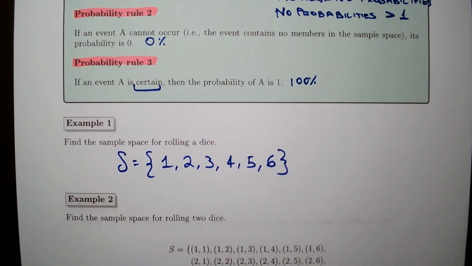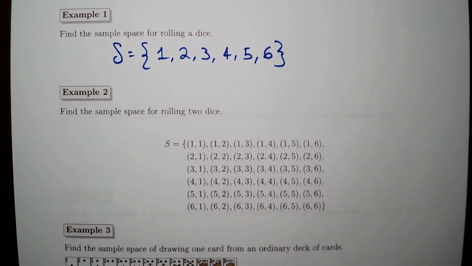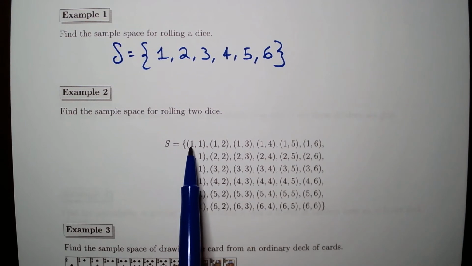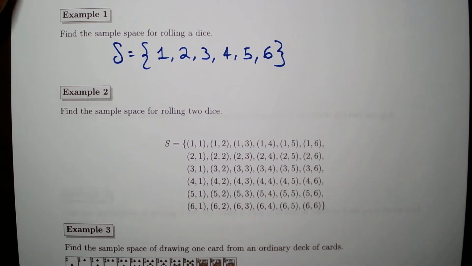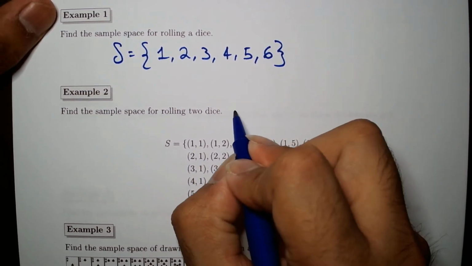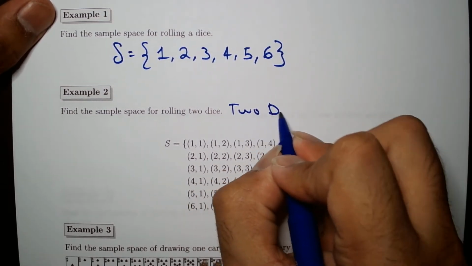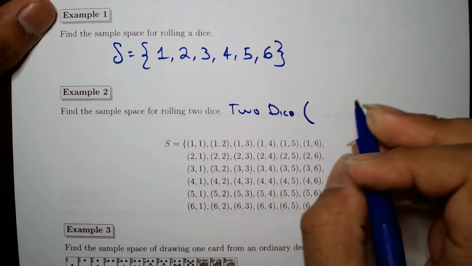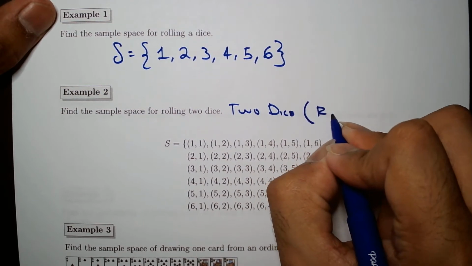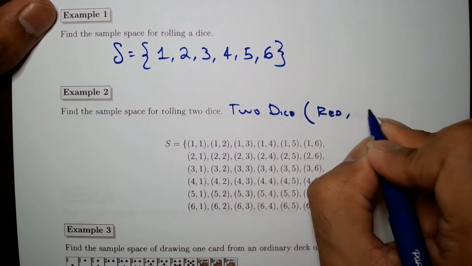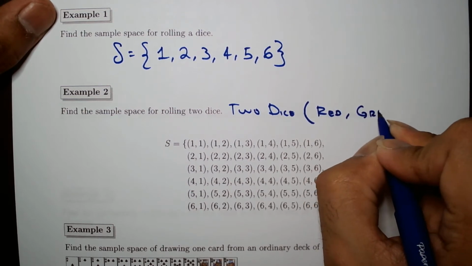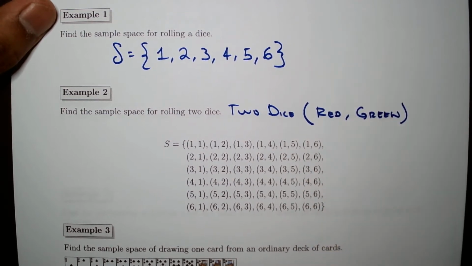Find the sample space of rolling two dice. In this case, I typed it to avoid writing too many numbers and waste too much time. So in this case, we are rolling two dice. Notice these are like ordered pairs. Suppose number one is a red dice, and the other one is a green dice.